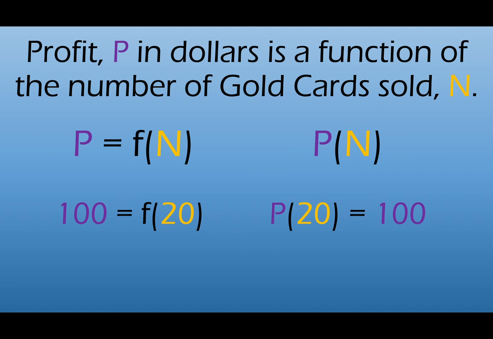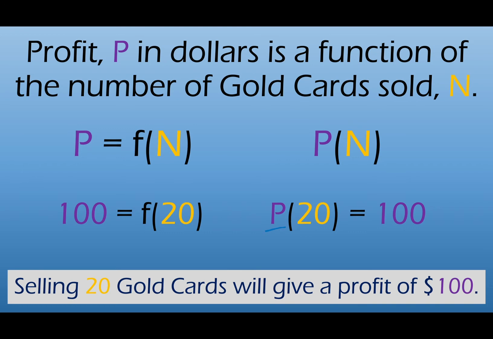What I like about this one is it specifies the variable P. But in both cases, the 20 is on the inside, the 100 is on the outside. And both of them represent the verbal statement that selling 20 gold cards will give a profit of $100. So in both cases, again, we're expressing a lot of information about the situation using as little space and symbols as possible.